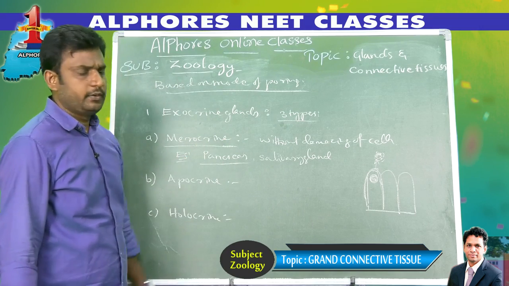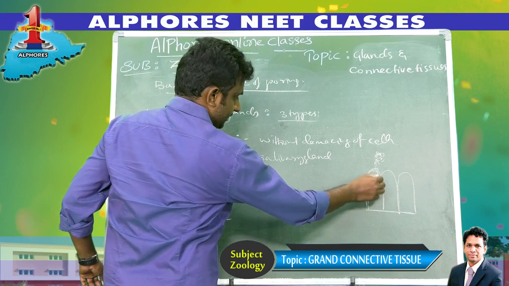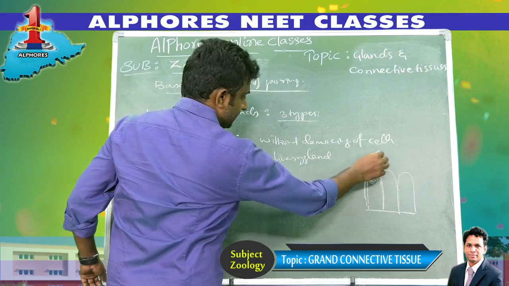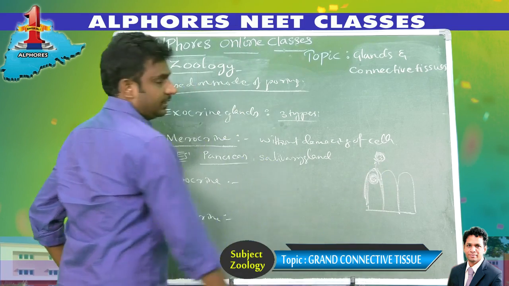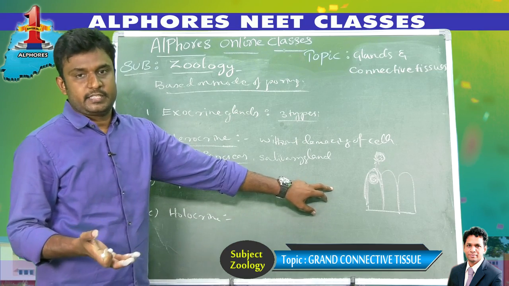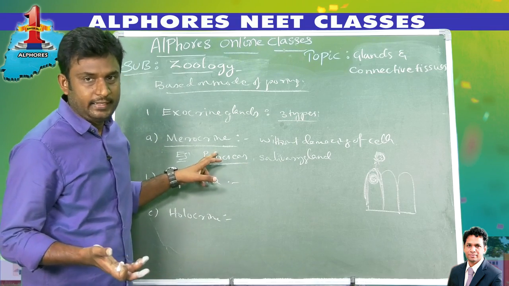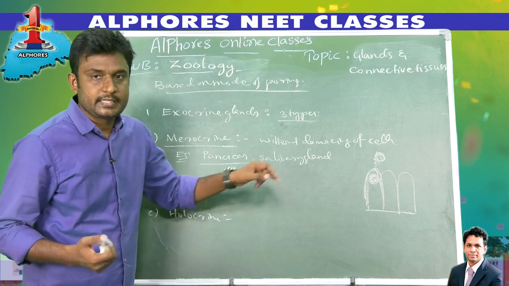What is the meaning of merocrine gland? They release secretory material outside, but the cell is never damaged. This type of gland is called a merocrine gland. Examples: pancreas and salivary glands.